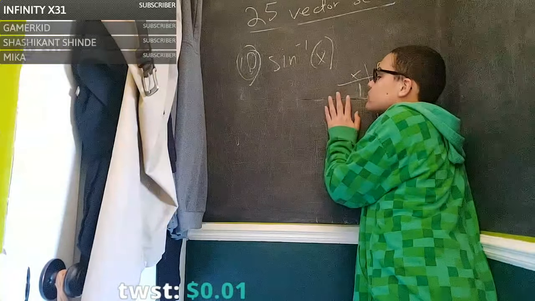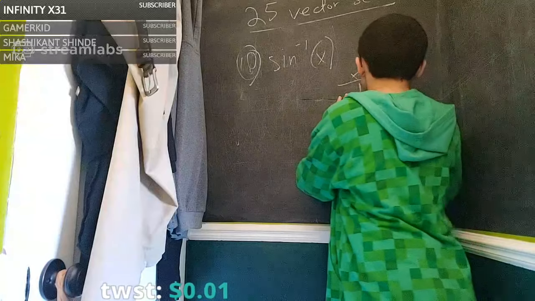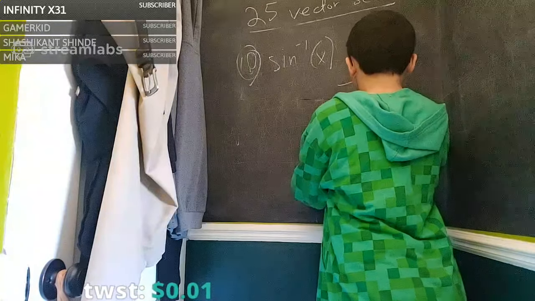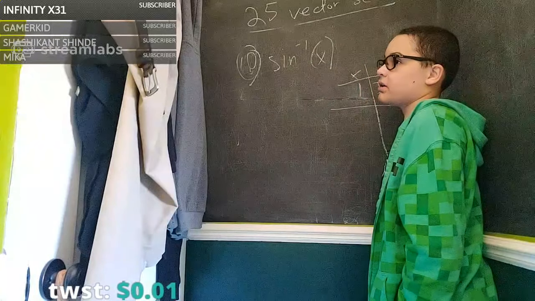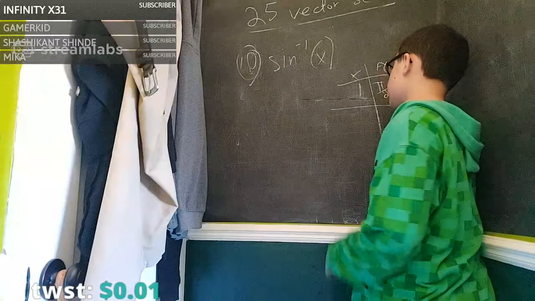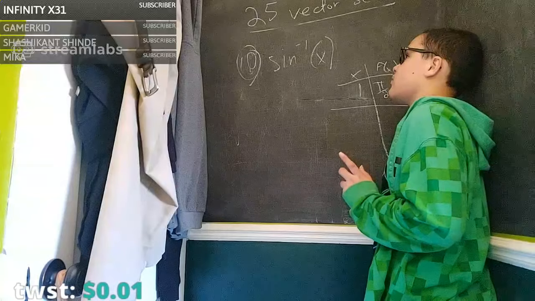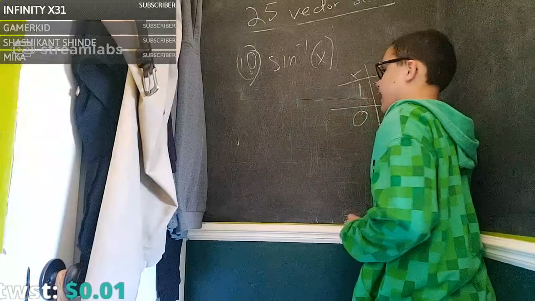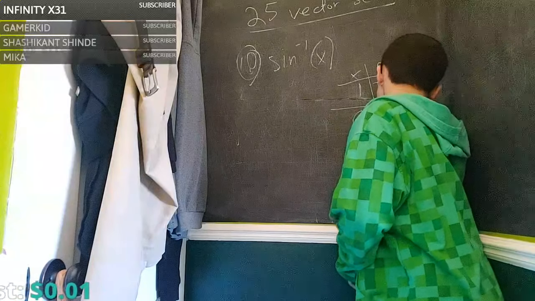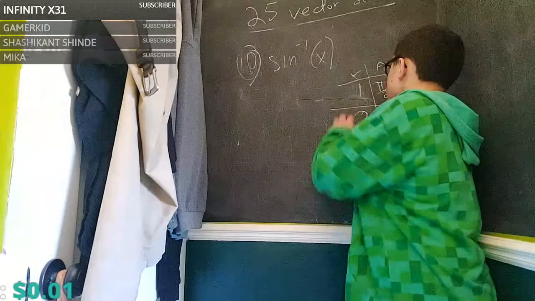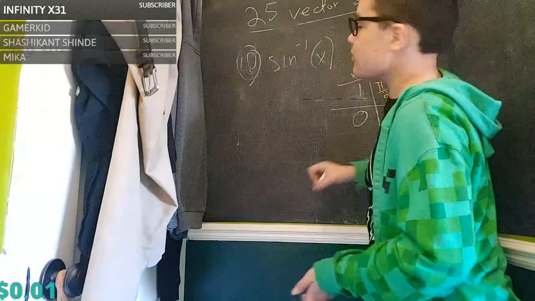So it is pi over 2, yeah, pi over 2, okay? 2 does not have an arc sine in the real numbers. Now, 0 is pi, if I recall correctly. No, I think 0 is just 0.